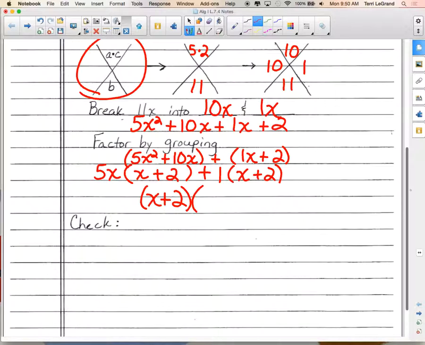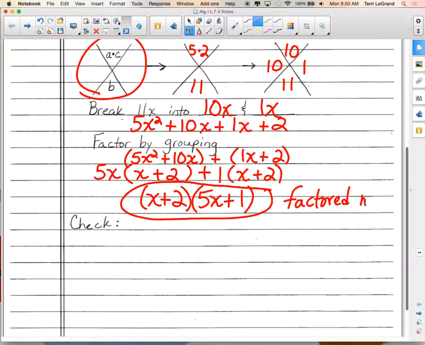After we get 5x plus 1, this is our factored name right here. And what does it need to do?